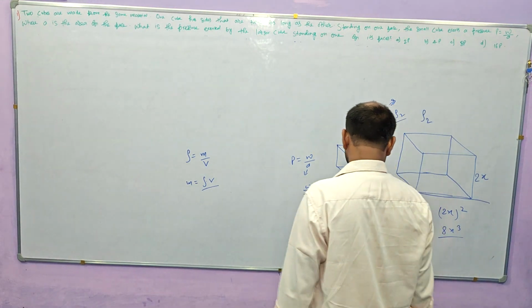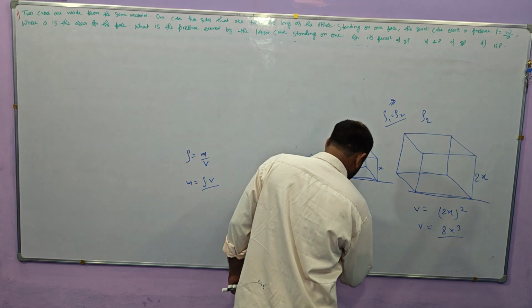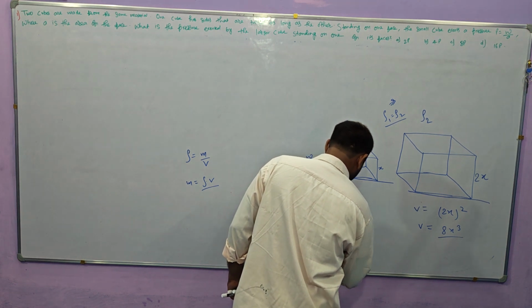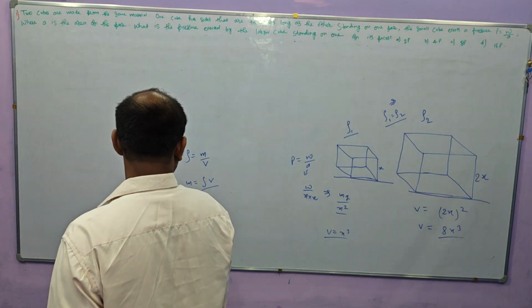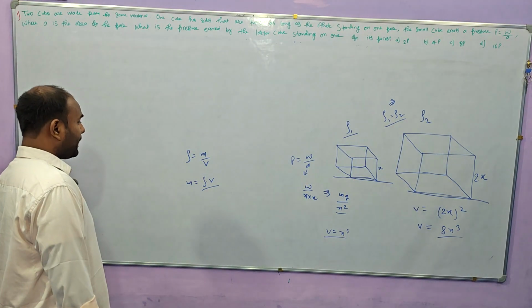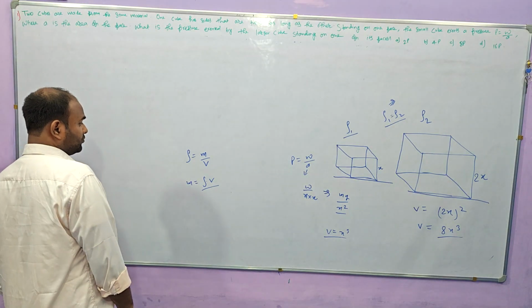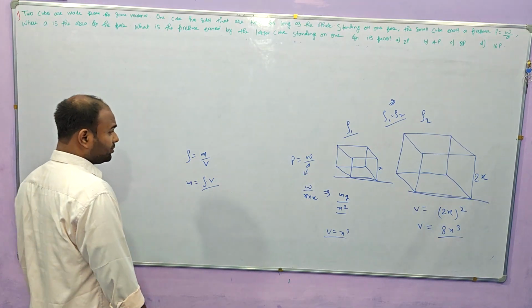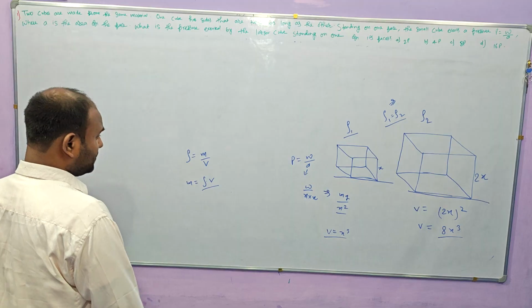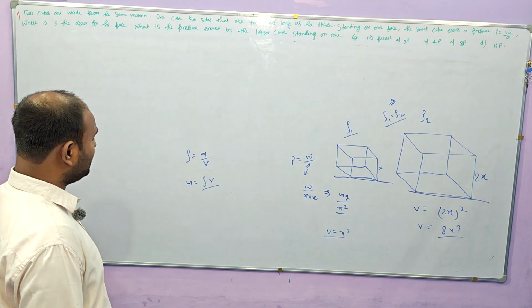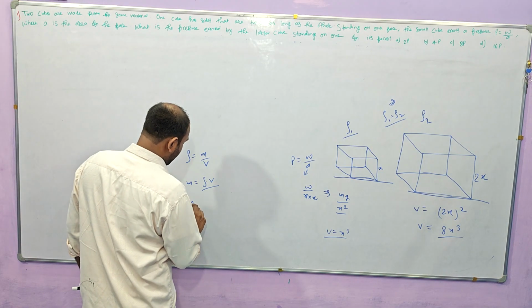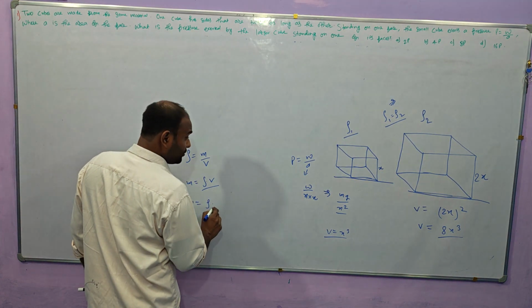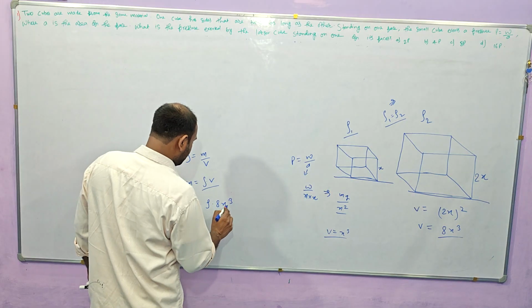And volume of the small one will be x cube. So mass of this becomes m is equal to rho into 8x cube.